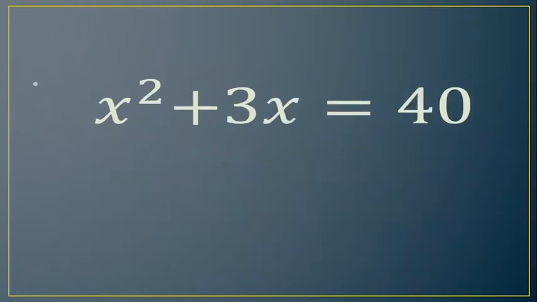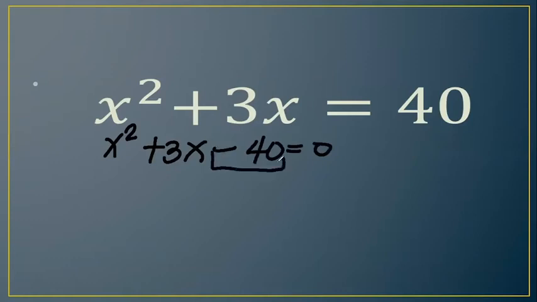Let's have a quadratic trinomial. In your given quadratic trinomial, if we transpose this 40, you're going to have x squared plus 3x minus 40 equals 0. We need to get the factors of 40 that when you add them, the answer is 3. The factors of x squared is x times x.